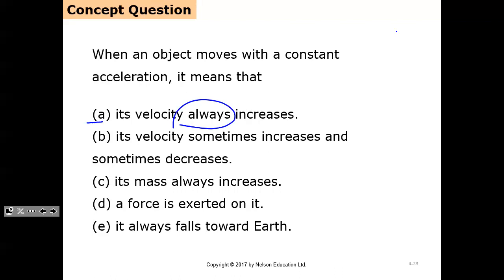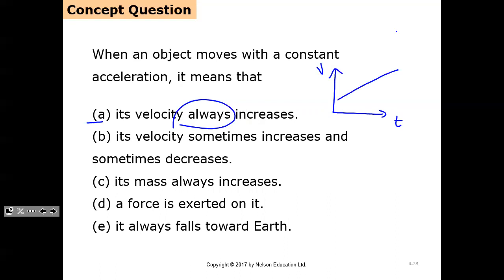Constant acceleration means its velocity is changing steadily. So a graph of velocity versus time is a straight line. The velocity changes steadily.